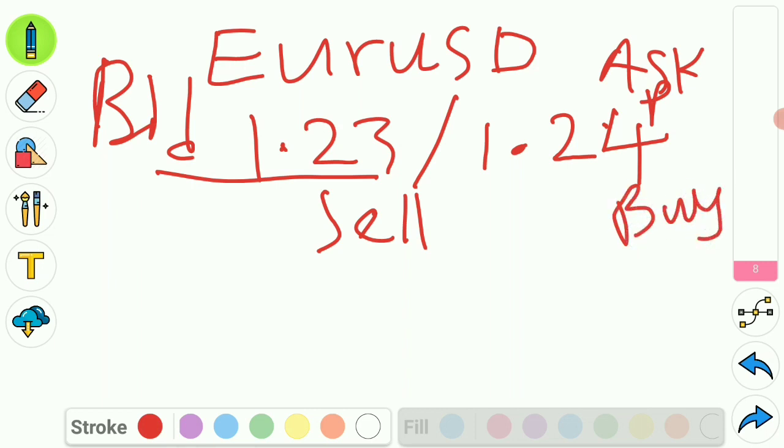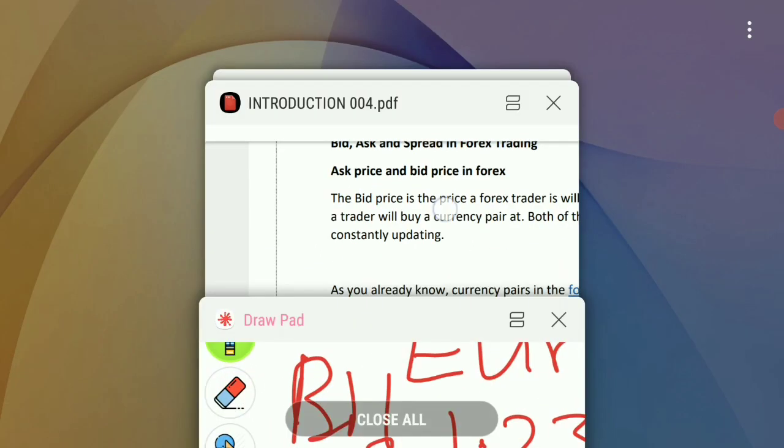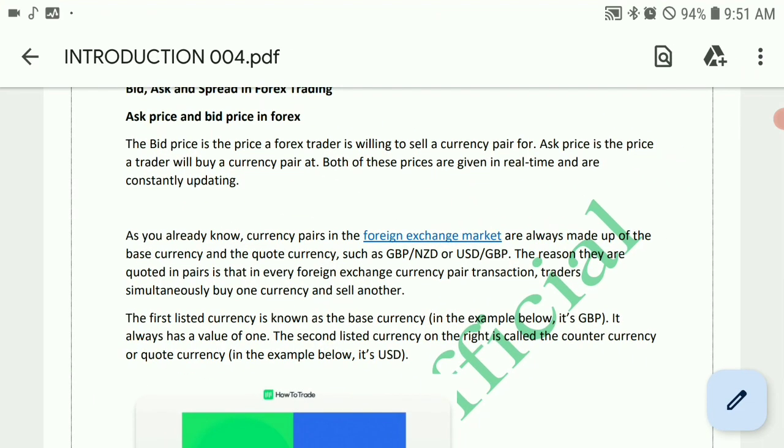These are the two differences. So you are ready to sell euro at this price, 1.23. That's the meaning of bid price: the price that a forex trader is willing to sell a particular currency.